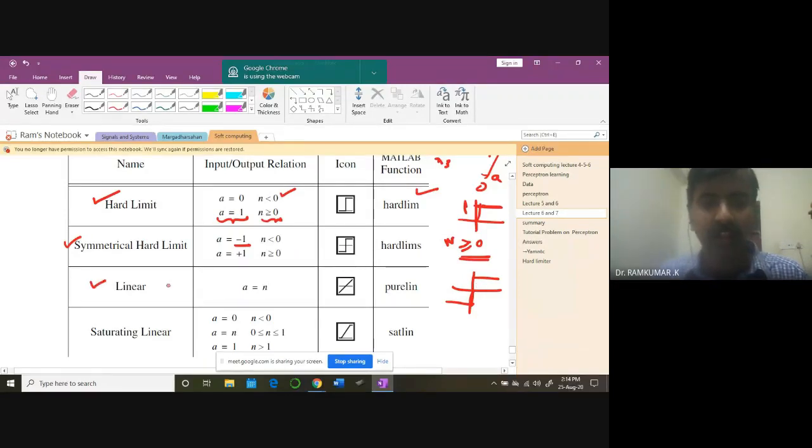Third one, linear function. Linear function is what? Simply whatever the neural network output is, the function output will be the same as the neural network output. For example, if I get 1 as the neural network output, the function output is also 1. So it's linearly increasing.